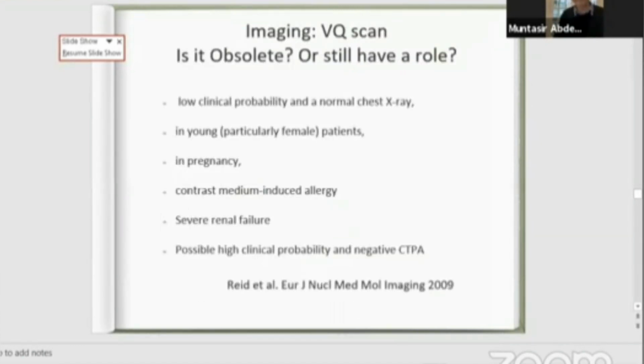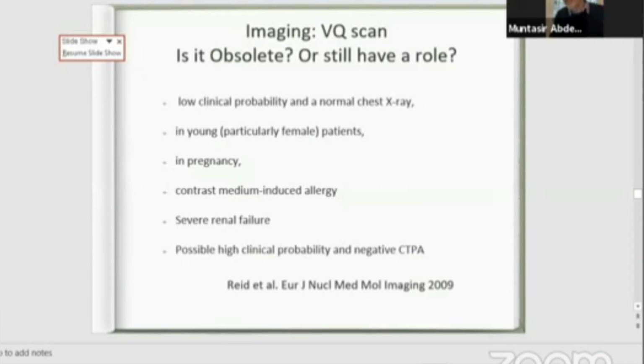Yes, we mentioned a few words about VQ scan. VQ scan used to be the screening test for pulmonary embolism until CTPA came along. And people believe that VQ scan probably is obsolete now. Having said that, it has its role. And especially it has its role if the patient has got a low clinical probability with a normal chest X-ray, if the patient is young, and particularly in females, because people worry about the radiation to the breast with CTPA.